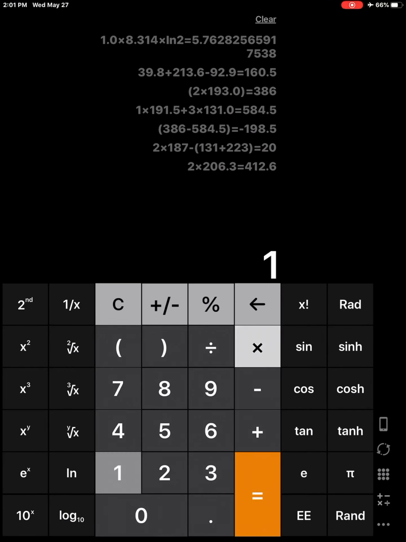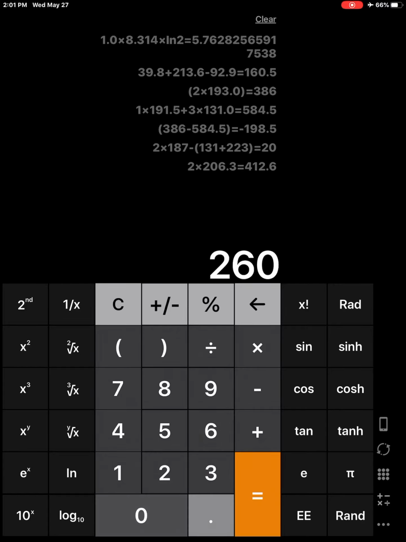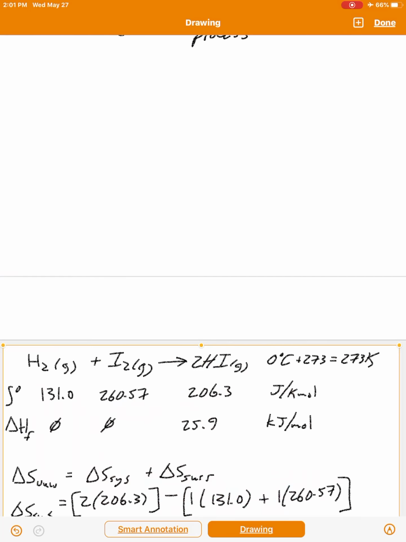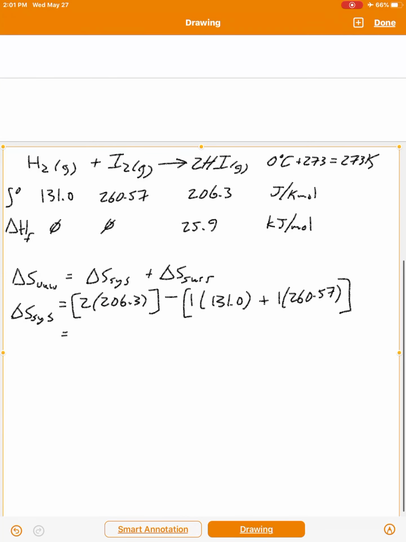Close the parentheses, and you get 21.03 joules per kelvin mole. Okay? So there's delta S of the system.